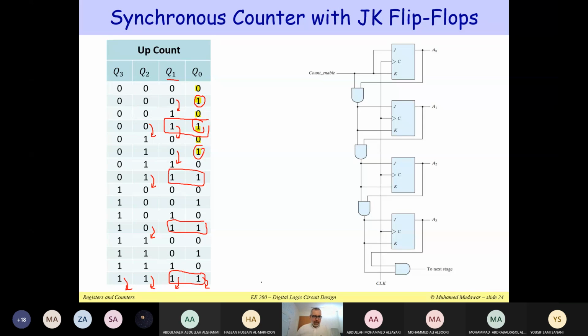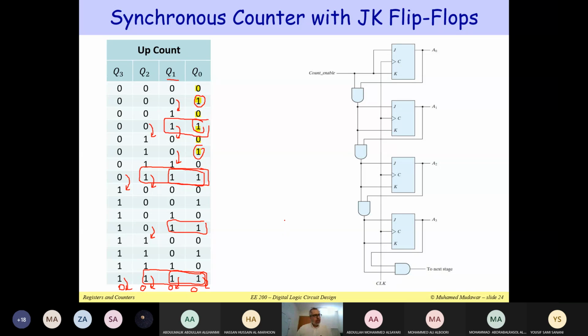So notice that here, when we have 1, 1, 1 for Q2, Q1, Q0, this is when I toggle Q3. It goes from 0 to 1. Also here, when we have 1, 1, 1, this is when I'm going to toggle. It's going to go from 1 to 0 here. All of them will go back to 0. I'm not showing it. I hope this is clear.